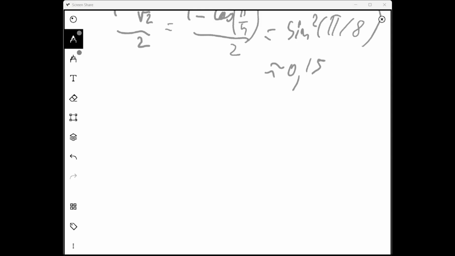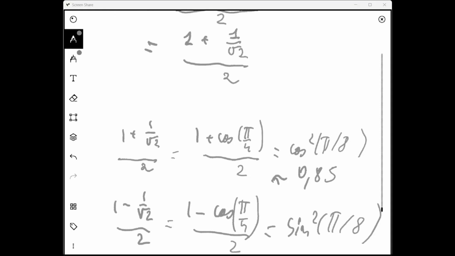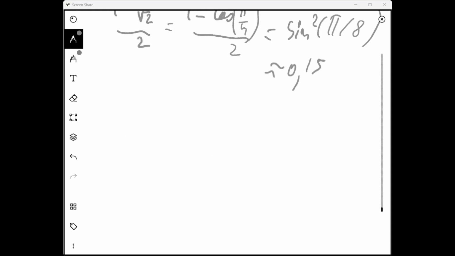Let's say it's roughly that in both cases. That's why your eigenvalues, the property of the state in its orthogonal basis, are exactly cos squared of pi over 8 and sin squared of pi over 8.